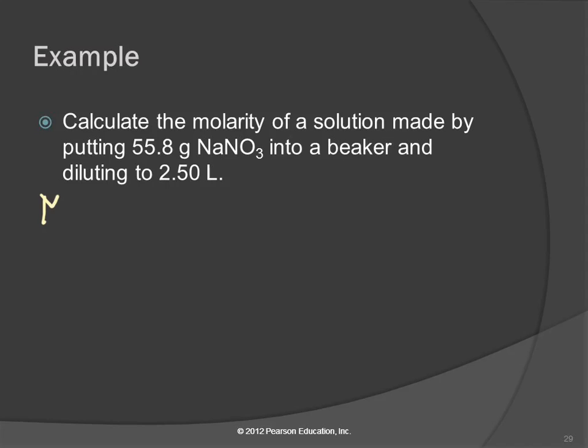So molarity is abbreviated with a capital M, and so that M that I just drew at the top there, is that a capital M or a lowercase m? That's a capital one. How about this one? Lowercase? That one's lowercase. It's relative, right?